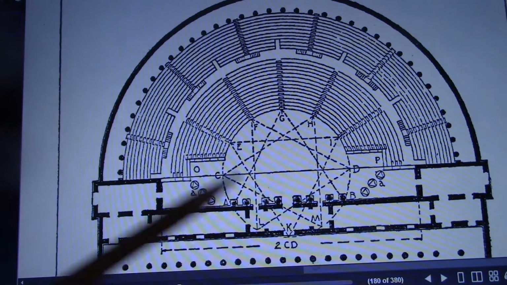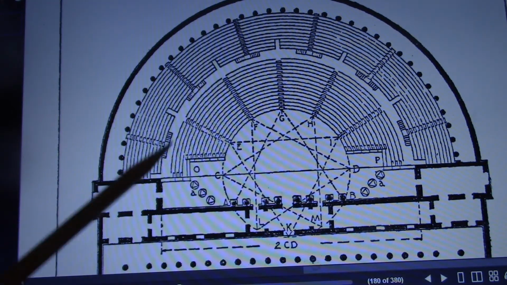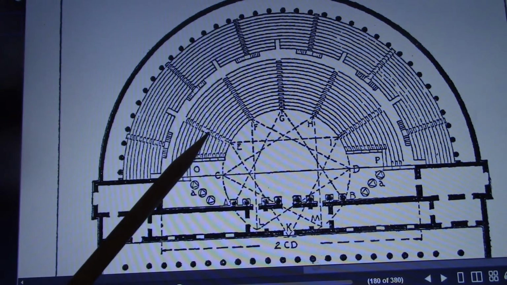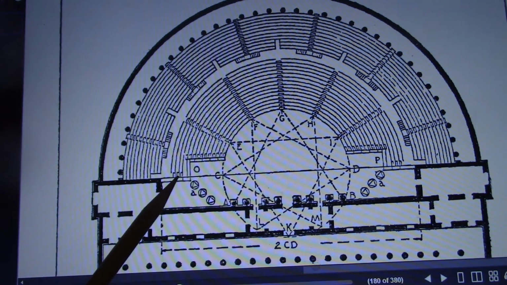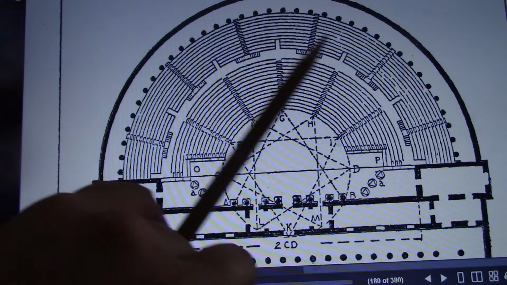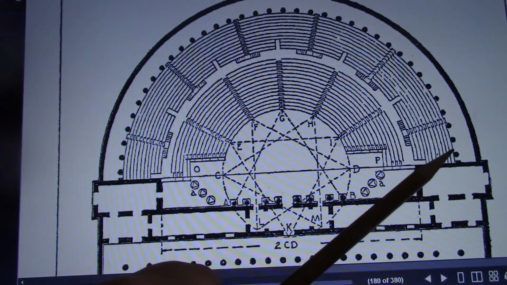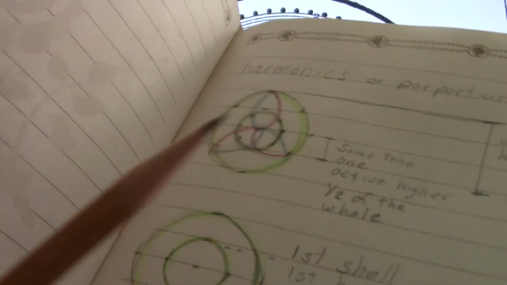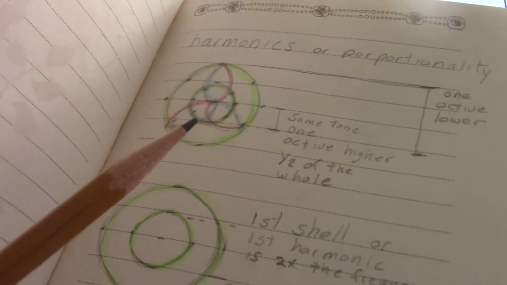It's going to be the same thing here. So this inner ring here is the first harmonic, and then the second one is going to be a representation of the second harmonic. It's not going to be any different than what we had already explored here.